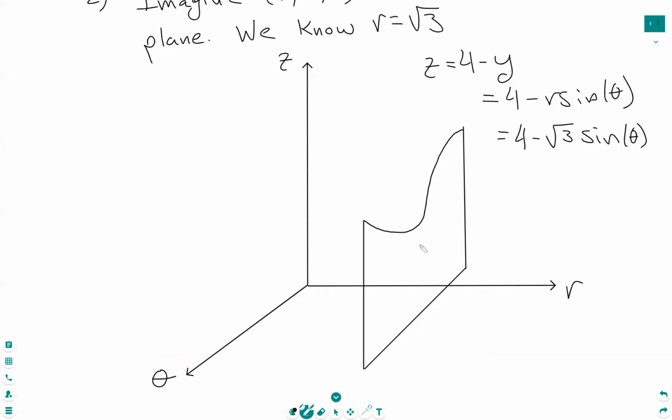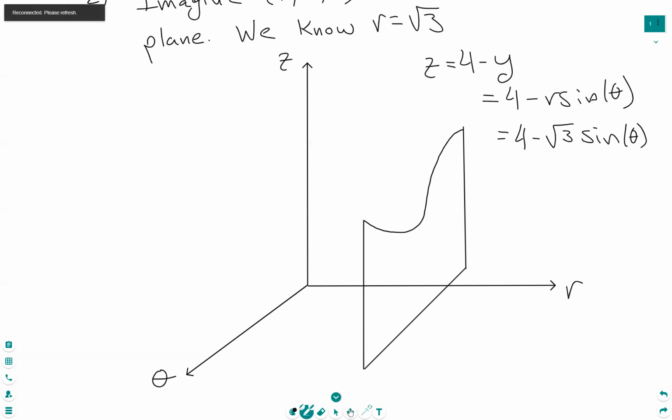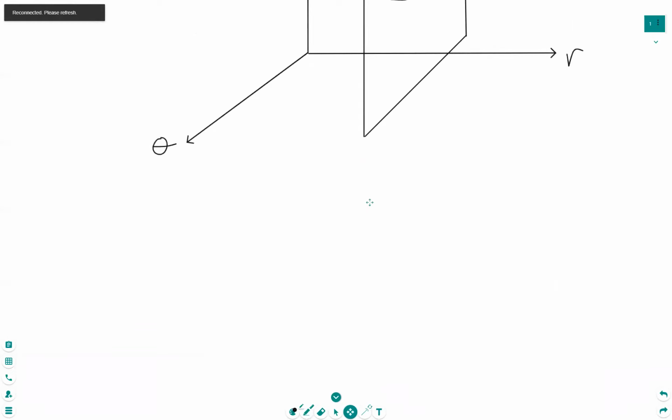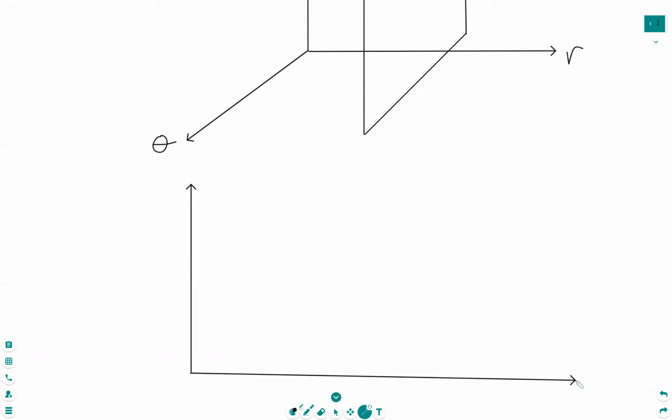If I wanted to think about what the projection of this object looks like onto the z theta plane, we can actually draw out this projection onto the theta z plane. We want to do one full revolution, so we'll go from 0 to 2 pi.